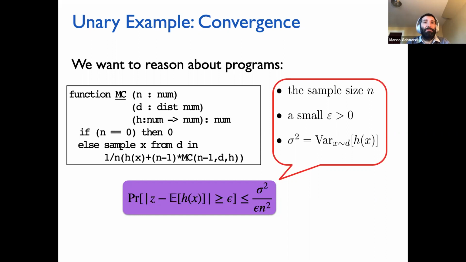Now, the correctness property we want to guarantee for this program is something like what I wrote in the purple box.